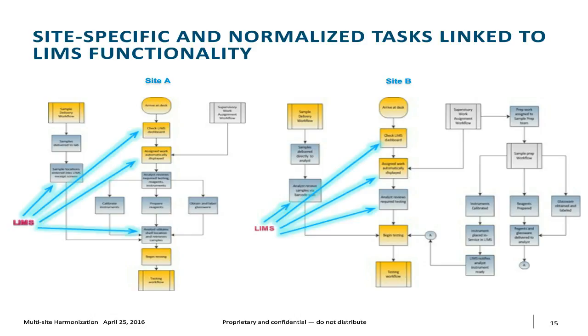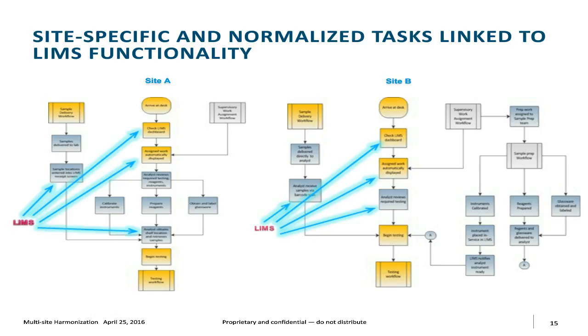In looking at this workflow very carefully, you'll see that there are elements, for example, in the sample delivery workflow on the right for Site B, that have nothing really to do with LIMS, but have something to do with process improvements that, just operationally speaking, can be brought to the table. So there are things you can do to improve processes that have nothing to do with LIMS. In this case, these arrows point toward the low-hanging fruit of things that can be addressed by LIMS.